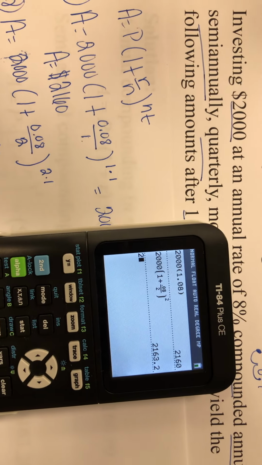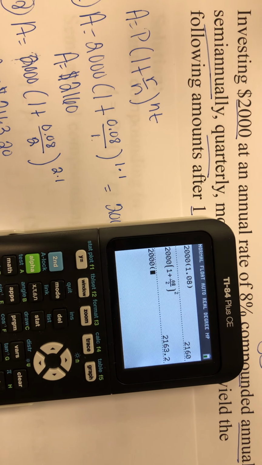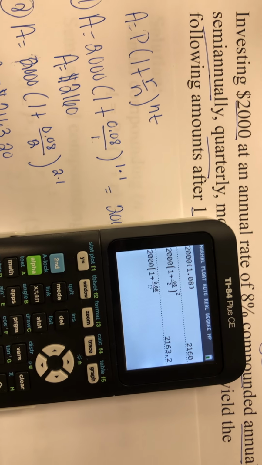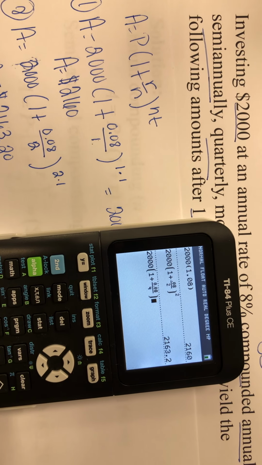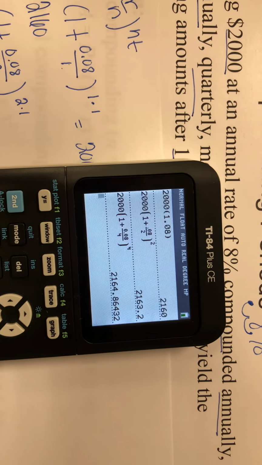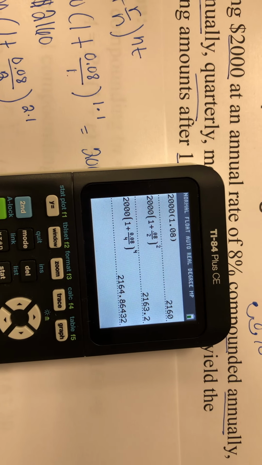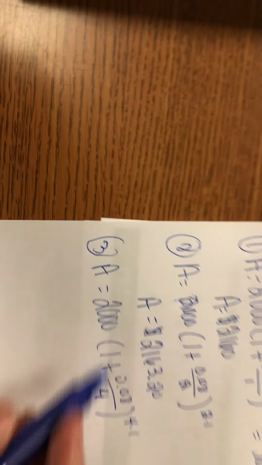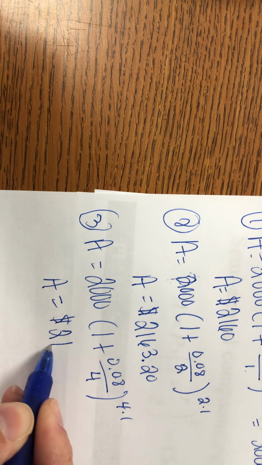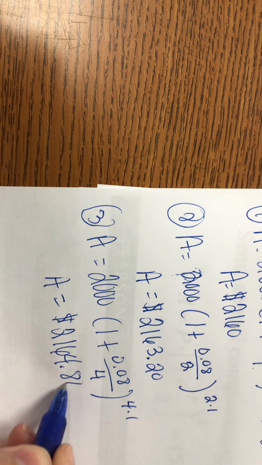Okay, now going over here, we'll have 2,000 times 1 plus our interest rate over the number of times we compounded raised to 4 times 1, which is just 4. So that's going to be $2,164.86. So A is equal to $2,164.86.